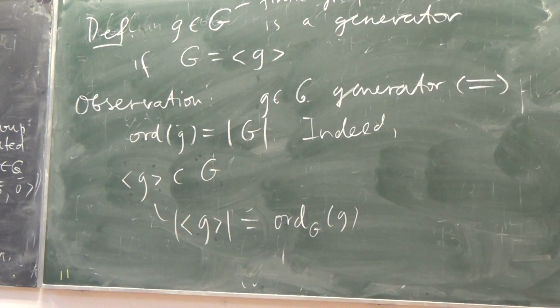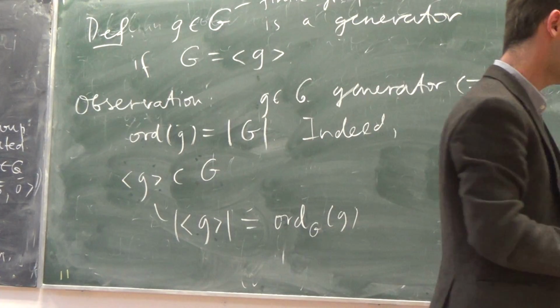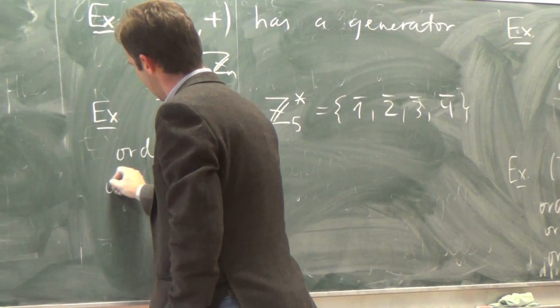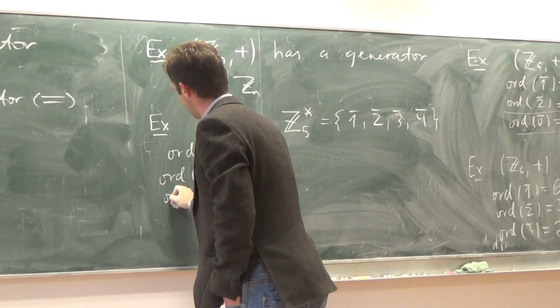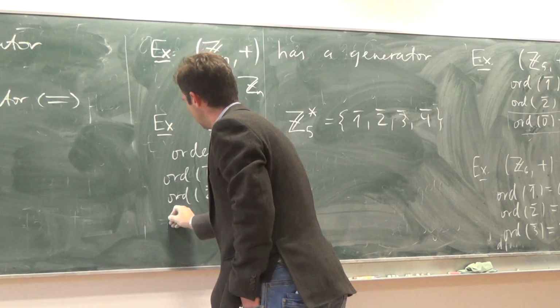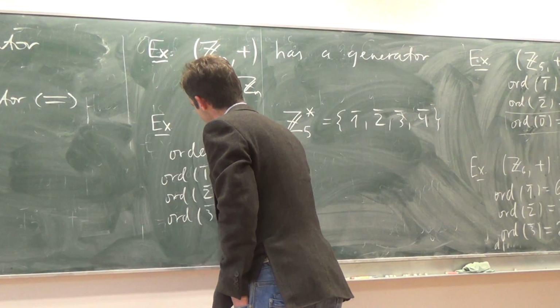So the elements are 1, 2, 3, and 4. And let's list their orders. So order of 1, order of 2, order of 3.